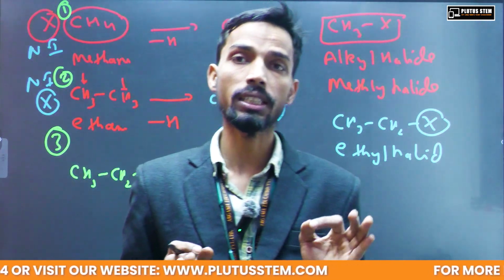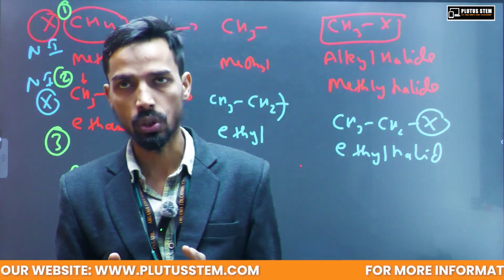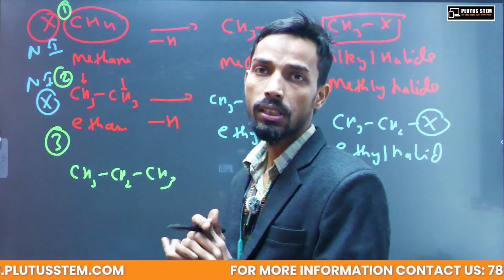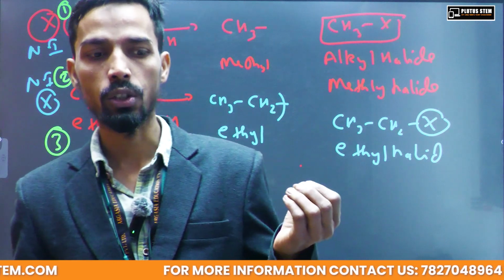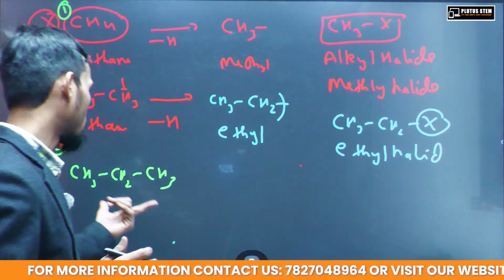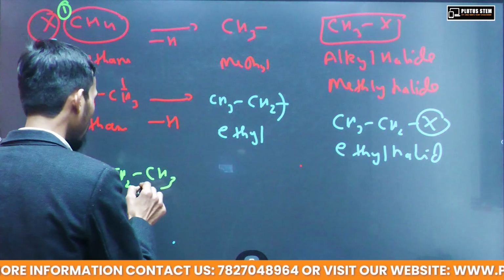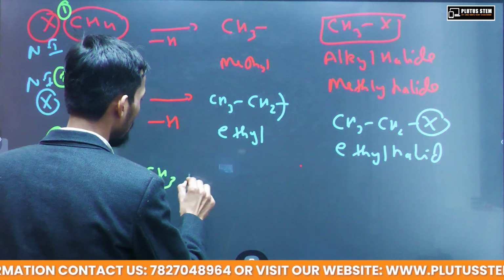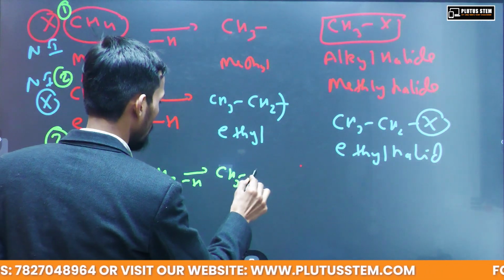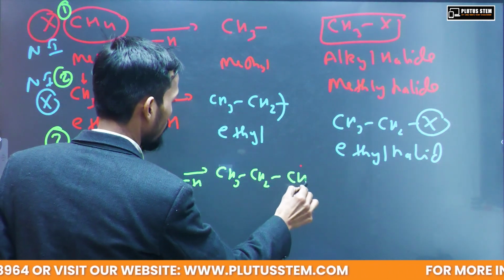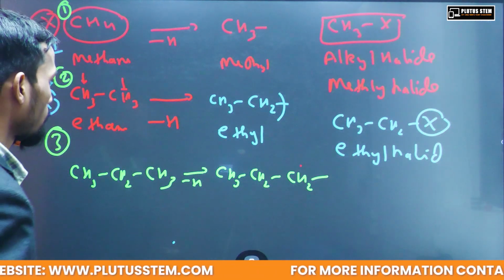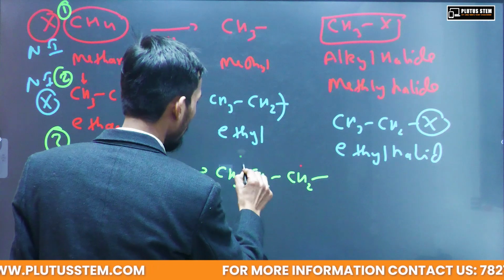But when we talk about the alkyl halide, we will see some isomers of this C3H7. This C3H8, when one hydrogen is removed, becomes CH3, CH2, CH2 like this. One possibility is this, which is normal propyl.